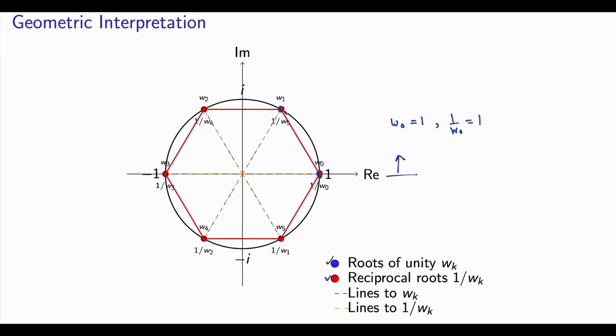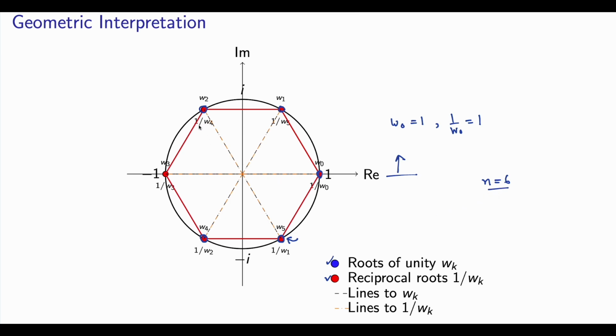So W1 and 1 by W1, the x-axis will play the role of a mirror. So now your second root will be 1 by W1, which is here, right? Similarly, the third root W2, which will be 1 by W2, will be here, and so on. So this is just the example for n equal to 6, right?